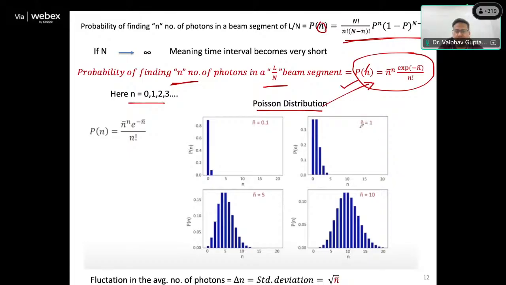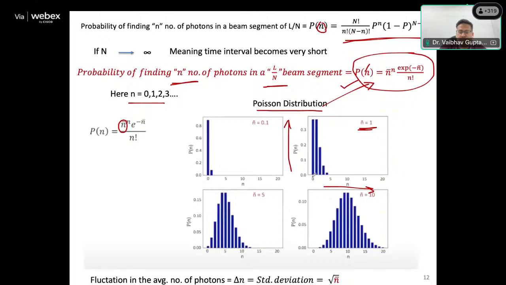Just to look at one example, let's say the average number of photons n bar is 1. Now you can try to find the probability. In this graph, the y-axis is the probability and the x-axis is the number of photons.